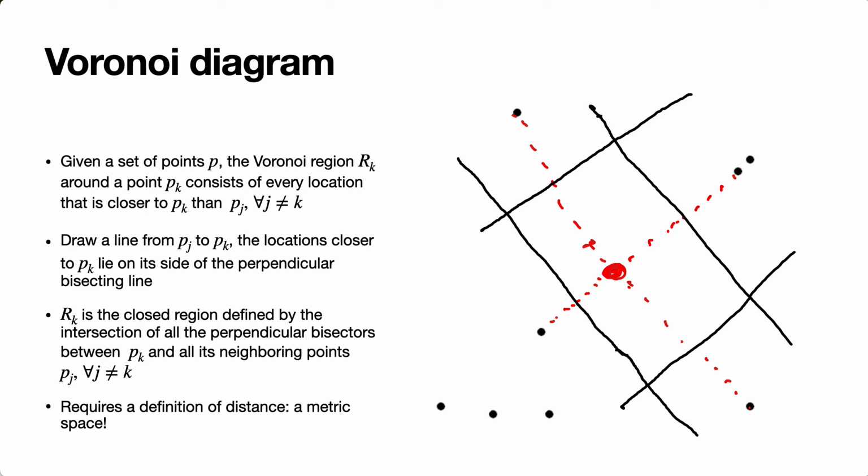So closer, what is closer? Well, it matters what metric space we are using. The way I'm drawing this and the way you're thinking about it is in Euclidean space. But FYI, this could be Manhattan space, and things would look different in Manhattan space, L1.